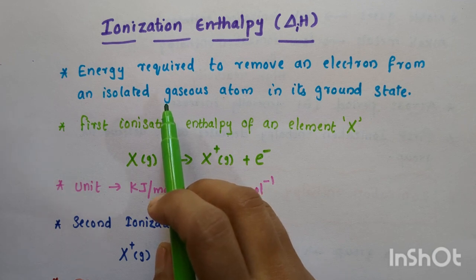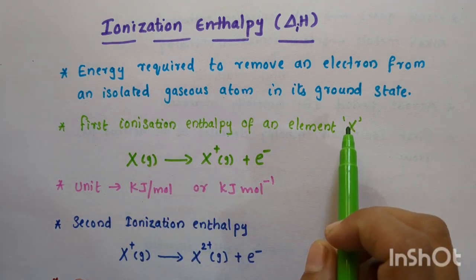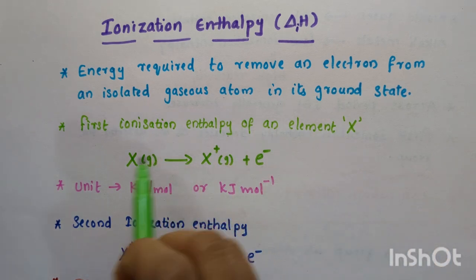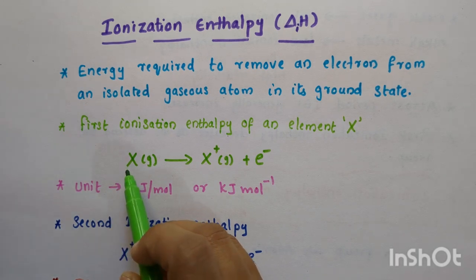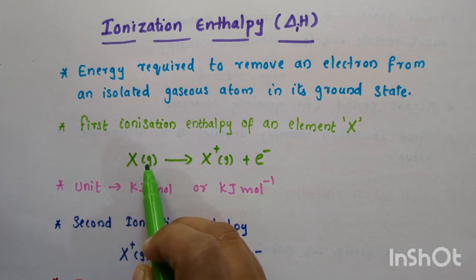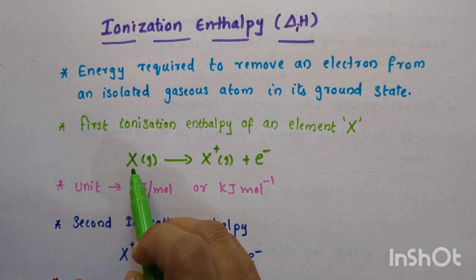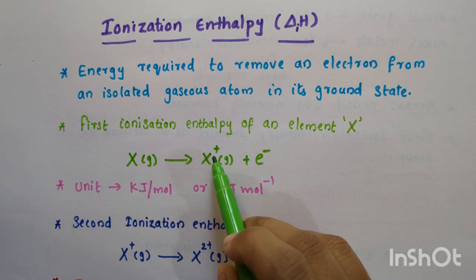The first ionization enthalpy for an element X is the enthalpy change for the reaction depicted in this equation. We have an element X here, in the gaseous state, which is why it is written X within brackets G. This element loses one electron to form a cation, that is, a positive ion X plus.